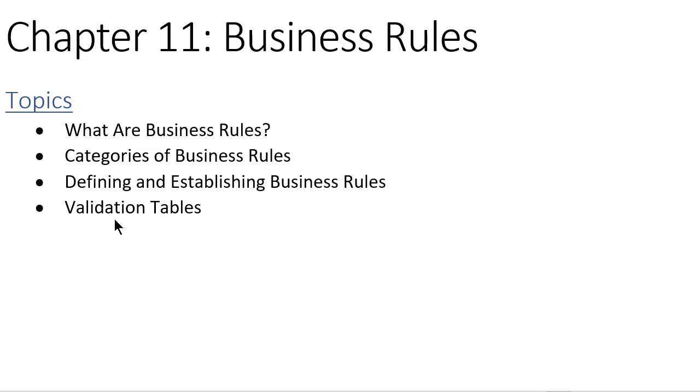And this will give you a good insight in terms of how, when a business comes up with its rules, a database can be used to implement those rules and make sure that we're collecting data that's within the business rules and that our data is good and we can use that to make decisions with.